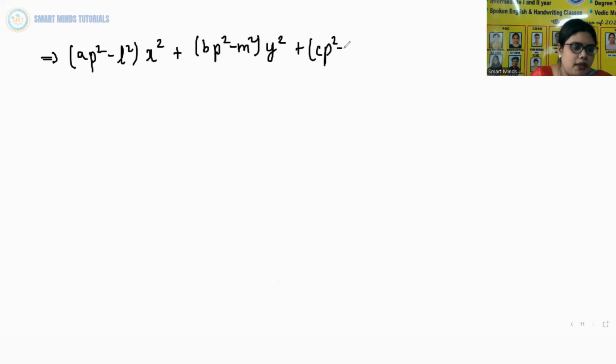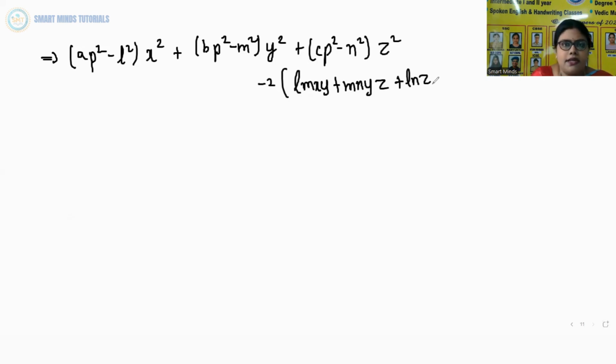So we get (ap² − l²)x² + (bp² − m²)y² + (cp² − n²)z². Now if I take minus 2 common, we get lmxy + mnyz + lnzx is equal to 0. This is the final answer.